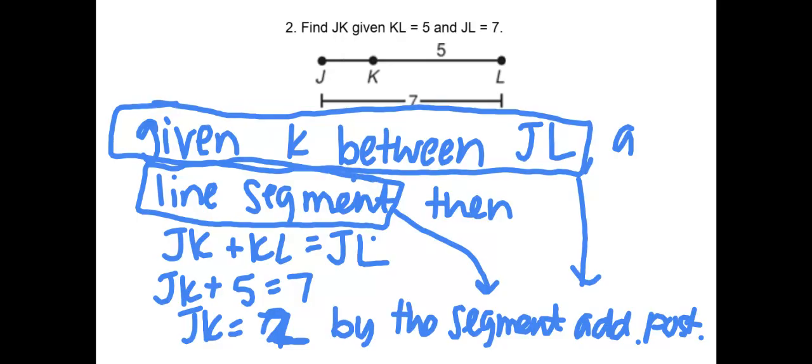I didn't do that well in the first example, but we should always be saying, what are the conditions that I have that allow me to use the segment addition postulate? And then once I get my answer, I say I got my answer by that segment addition postulate. So we're giving the context that says that I can use that postulate.